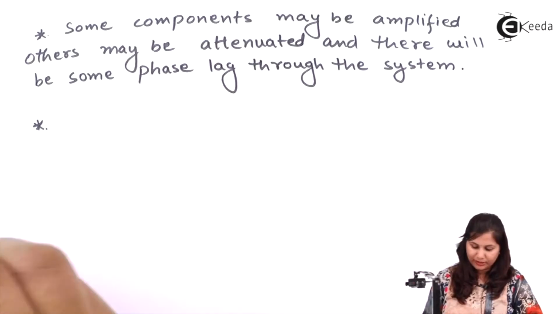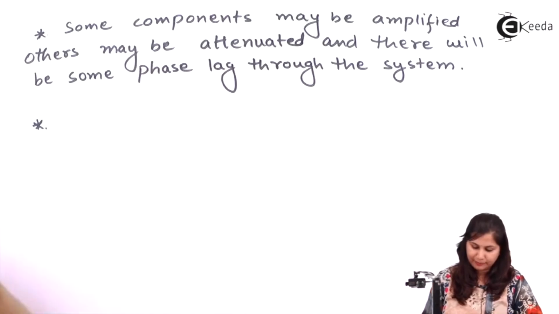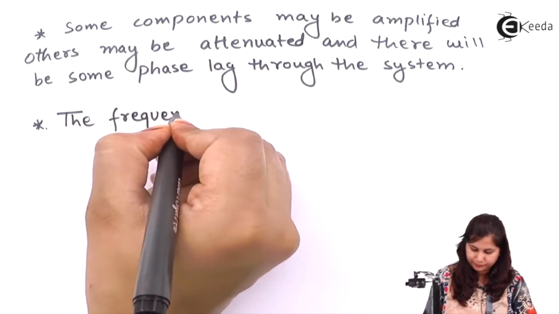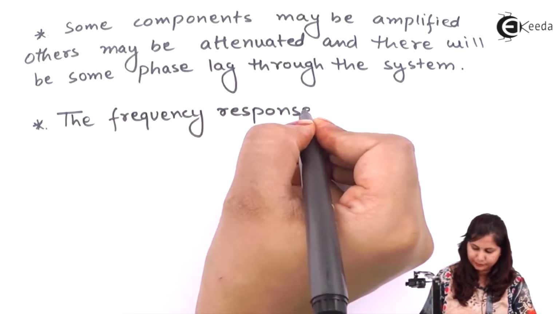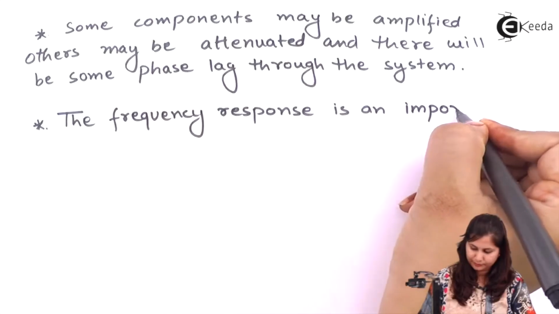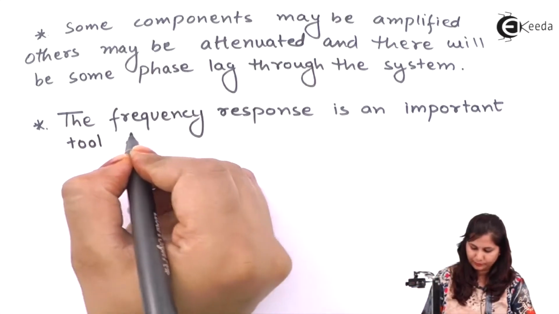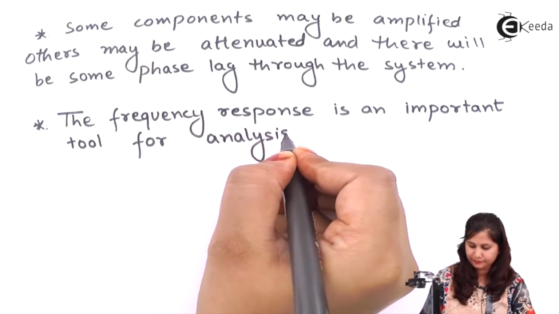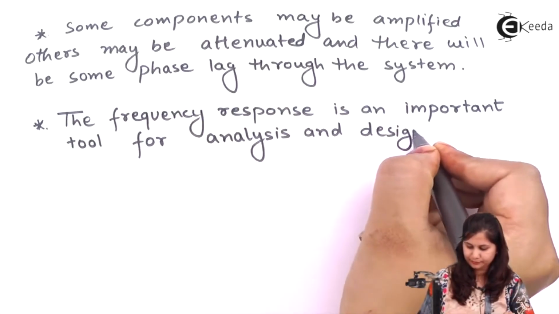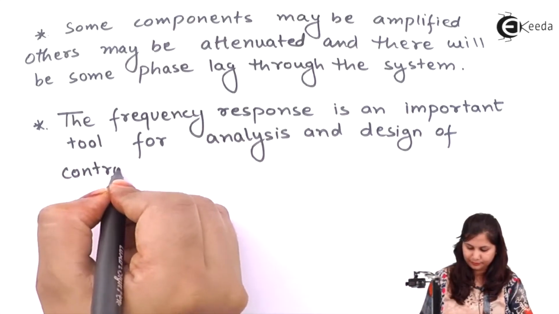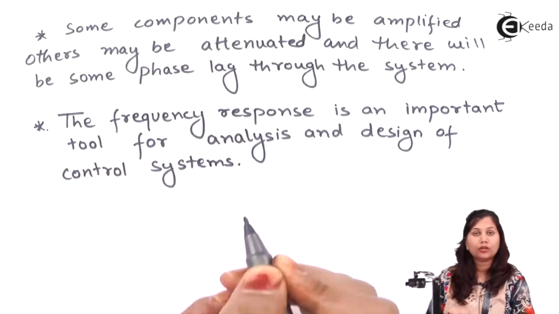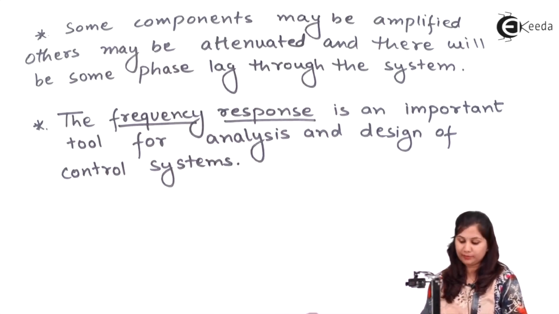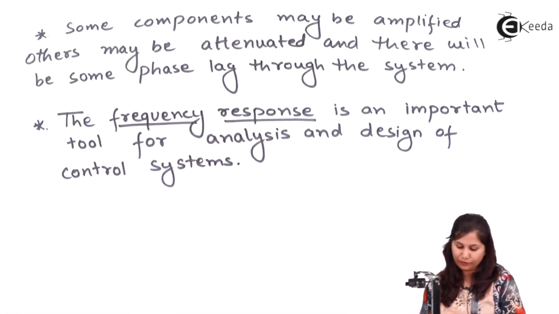So the frequency response is an important tool for analysis and design of control systems. It is playing an important role, and it is very important for the analysis and design of control systems.